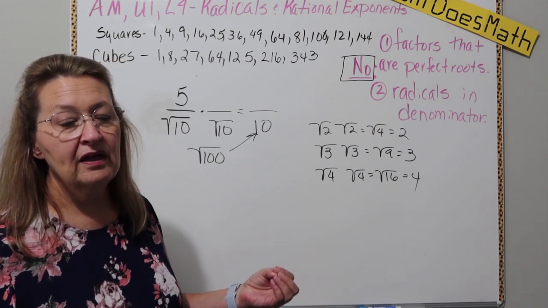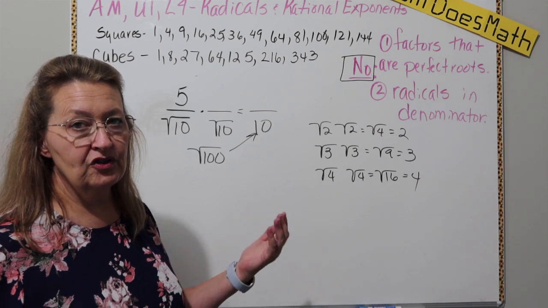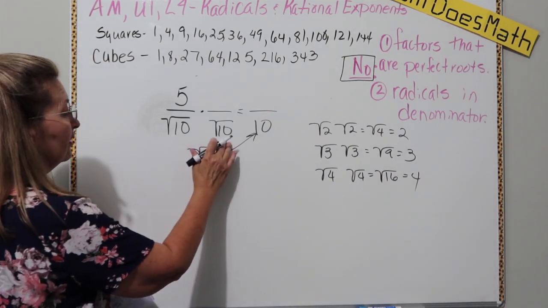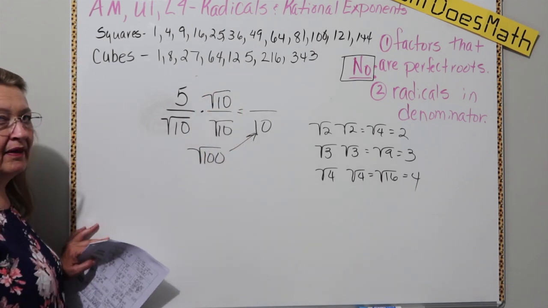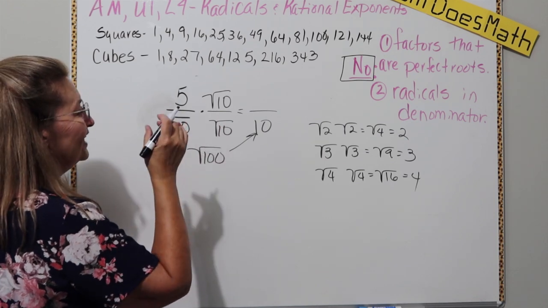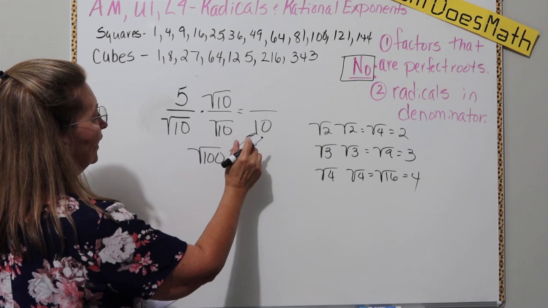You have to justify it. When you have a fraction, you can multiply it times 1 and not change the value, right? Well, you can multiply the denominator by something as long as you multiply the top by that. This is what balances out that fraction, and you're not changing the value of it, you're just changing the way it looks.